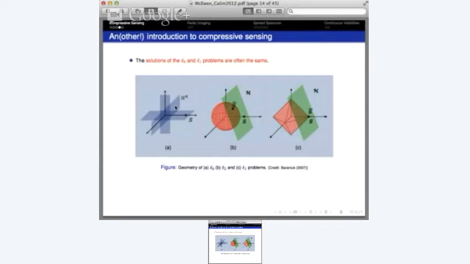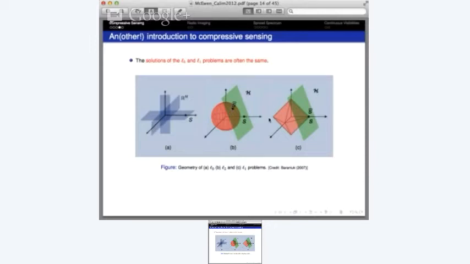If we think of the L2 problem here, then we have this plane, which is our measurement constraint, and we're trying to minimize this L2 norm on our error, which is just like the L2 ball, a standard sphere. So we expand the L2 ball until it intersects with our measurement constraint, and we might find a solution here. But you'll see that this is not near the axes, which is where the L0 norm tries to promote solutions.